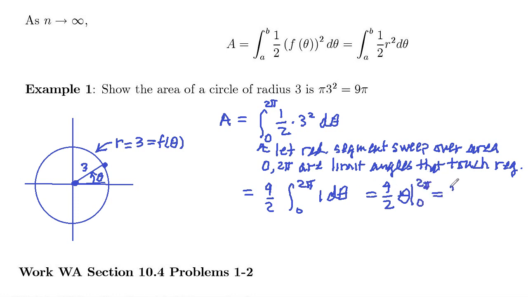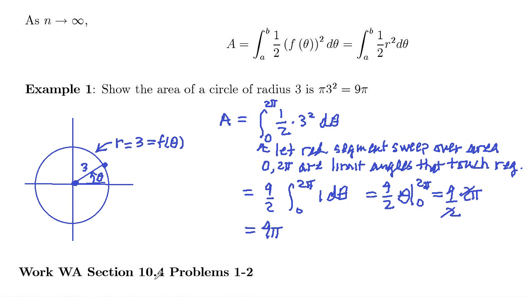So that is 9 halves times 2 pi, which is 9 pi. And that's exactly what you get if you do pi r squared. So we showed that this was true for a circle. We proved the area formula for a circle.